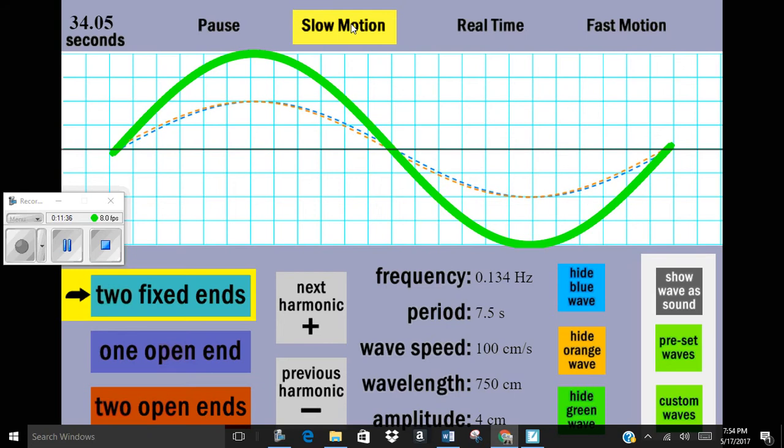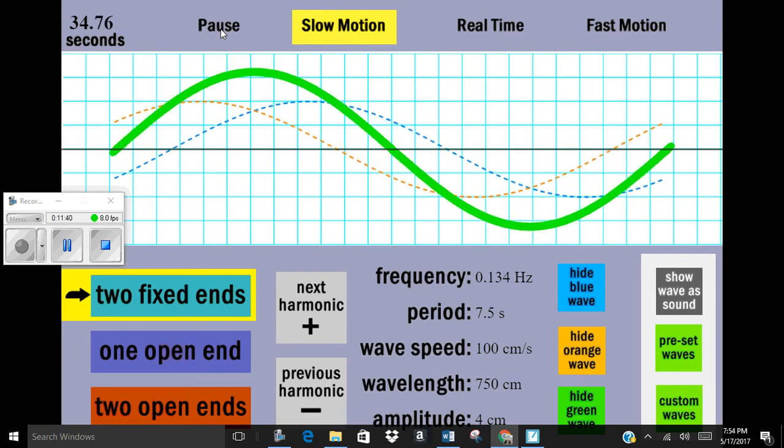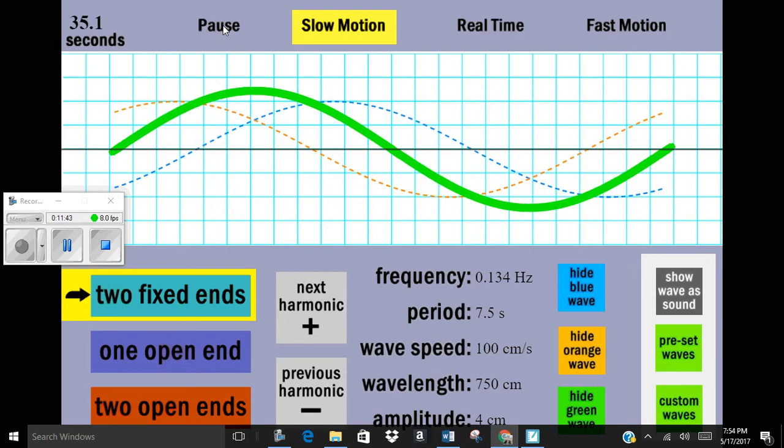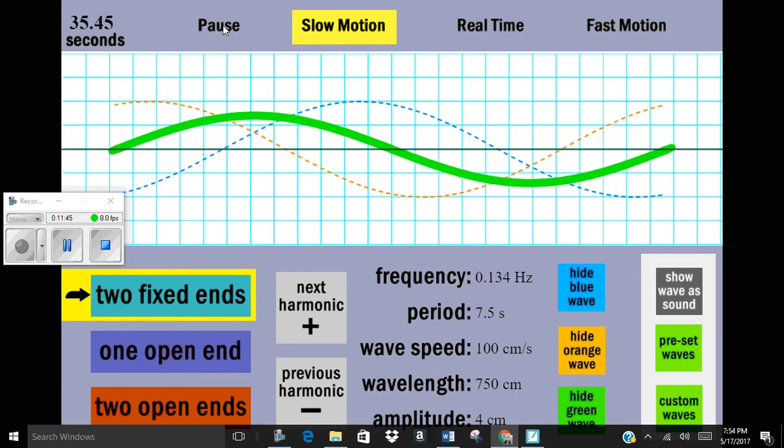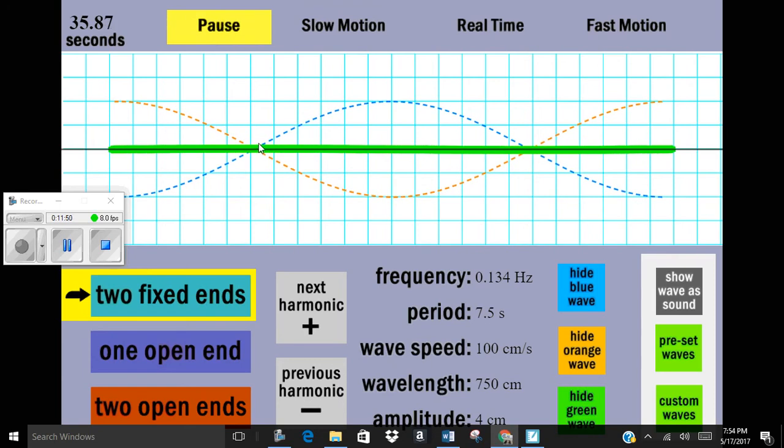And then as we keep going, slowly we will see some destructive interference occur right there. So at this point, the blue wave has destructively interfered with the orange wave because one amplitude is on one side, the other amplitude is on the other side, and so temporarily it looks as if there is no wave present.